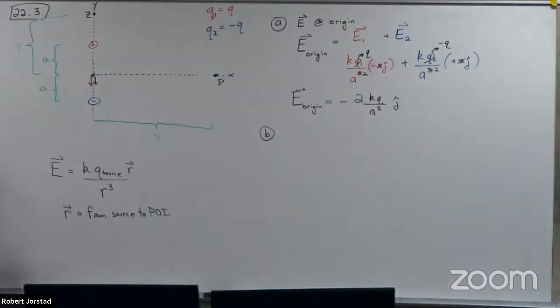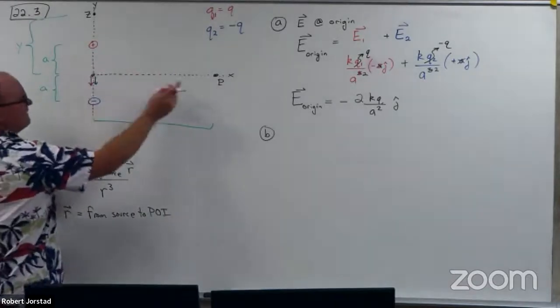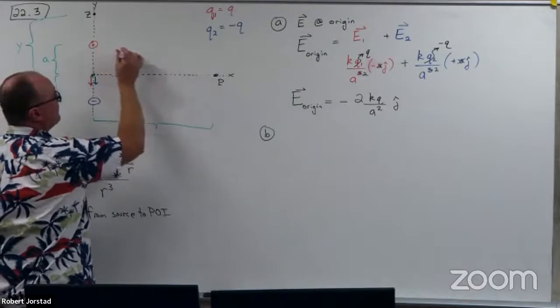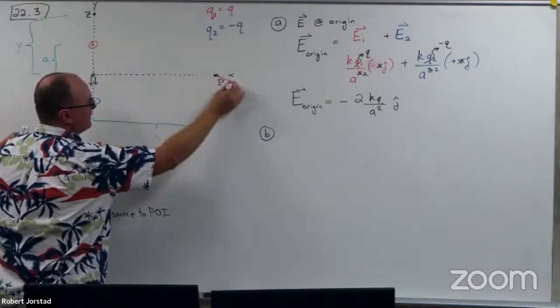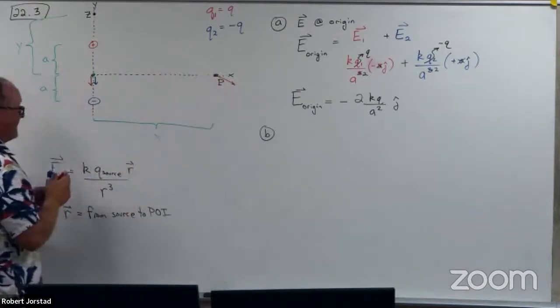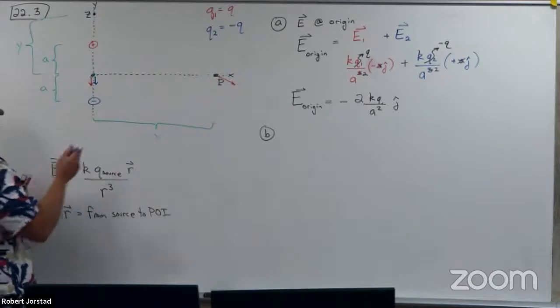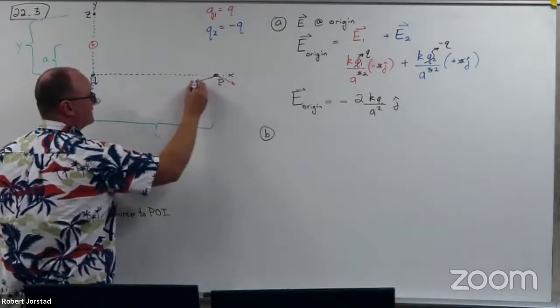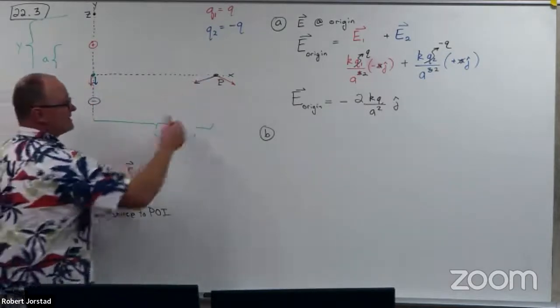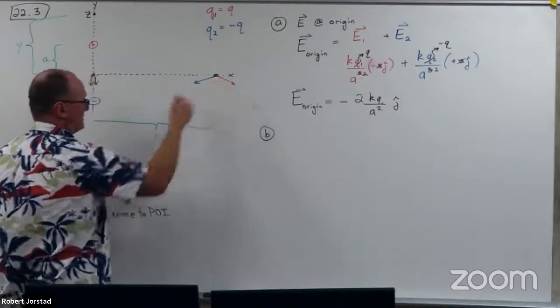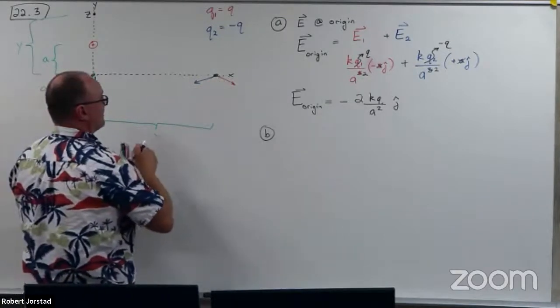I know that the red one, if I put a plus charge at P, would exert a force this way. The blue one would pull it. I'm going to label this up top because it seems like that would be a more convenient way to do this.